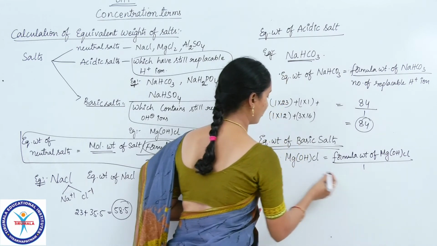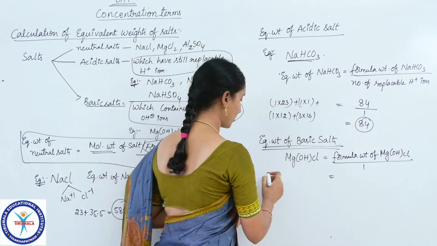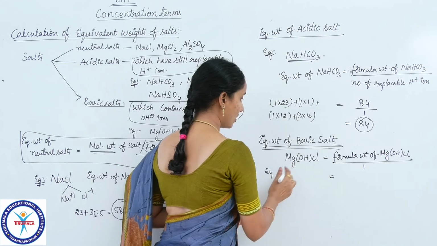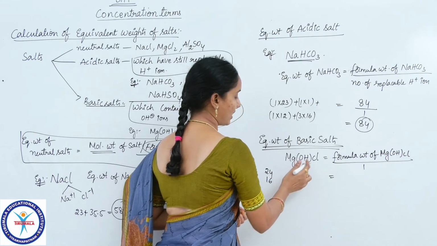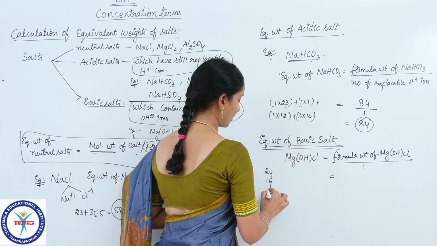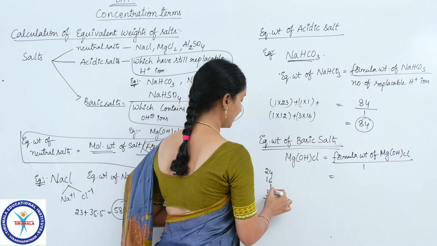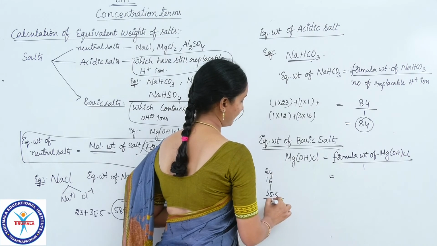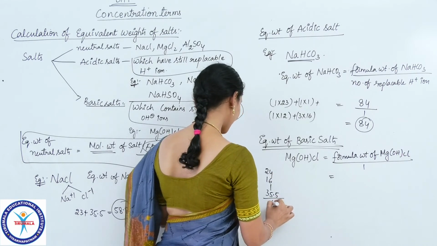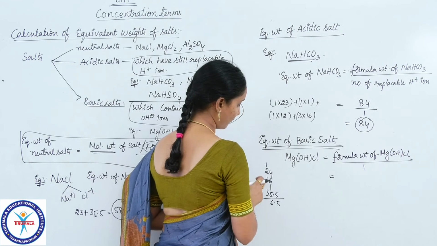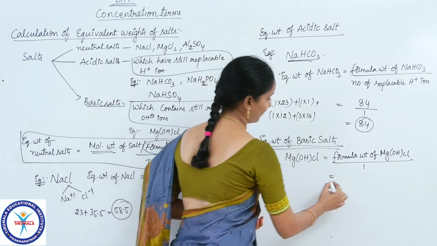So you have to divide by 1. Formula weight of this molecule: magnesium is 24, oxygen 16, 1 hydrogen you have 1, and chlorine is 35.5. So it is 76.5.